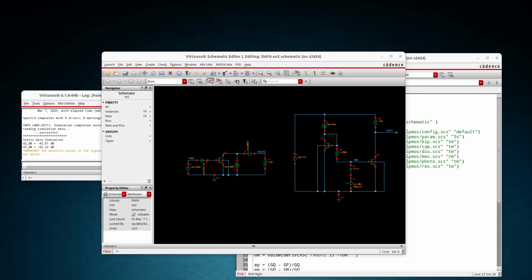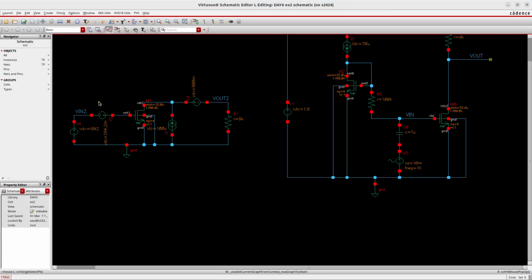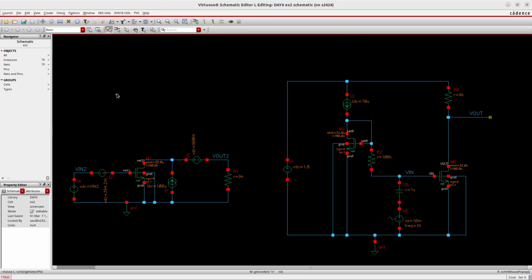Okay, so we will continue with an example in Cadence, and for example we will have a common source amplifier. Our common source amplifier is here, and I have two versions of it.